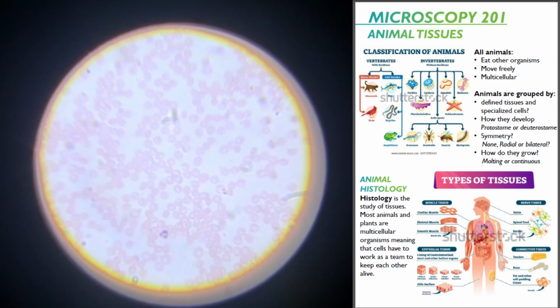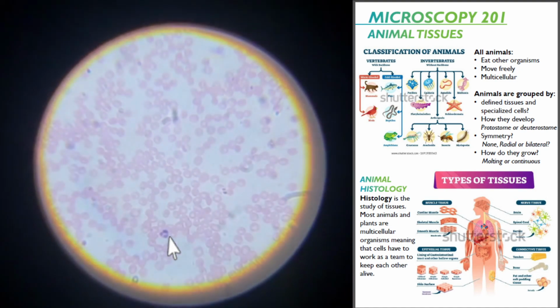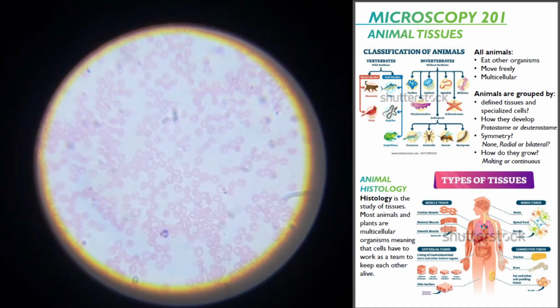I get so excited sometimes, sorry. Let me find this. Can you see it? There's one that has a weird shaped nucleus. Right there. So let's zoom in on that again. See it? Let me draw it for you.